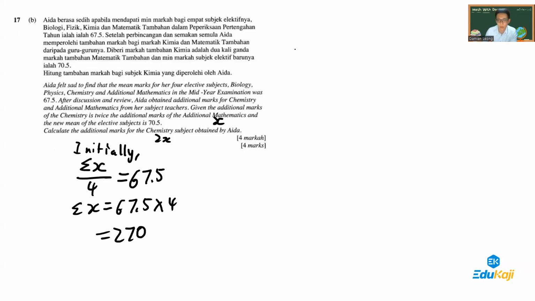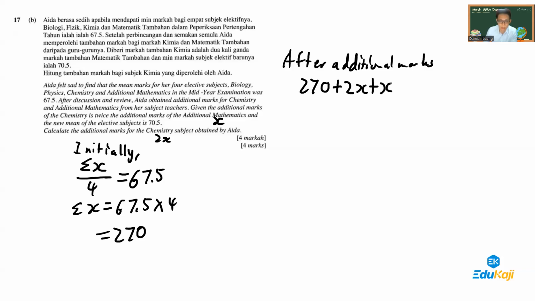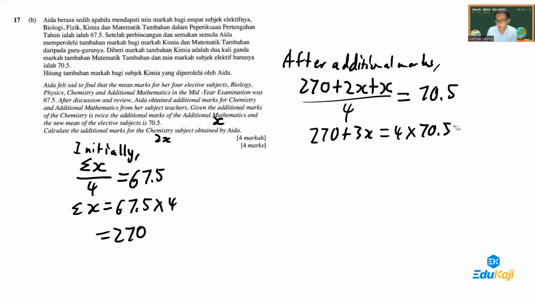So after additional marks, the total now becomes 270 plus 2x plus x. Yeah. So if I find back the mean, means I divide by 4, I will get the new mean, 70.5. So 270 plus 3x is 4 times 70.5.